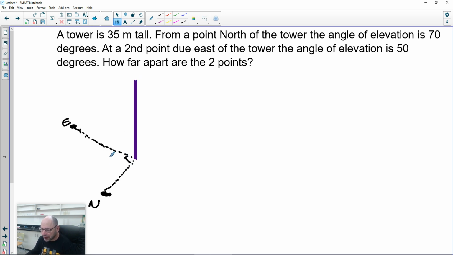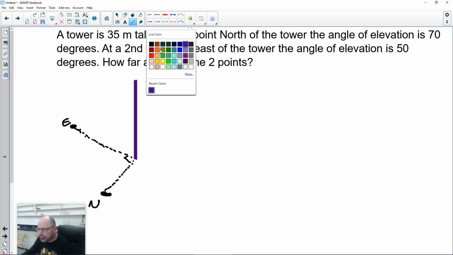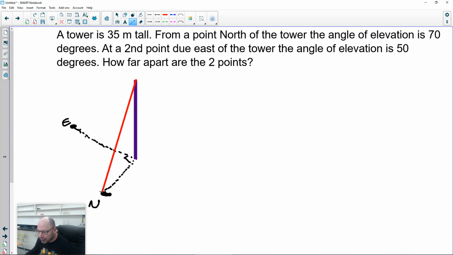But we have a guide wire coming down. We'll do the guide wires in red. And we'll use a straight line tool so that we can see them better. So this guide wire is coming down to get our angle of elevation there, and our angle of elevation here.